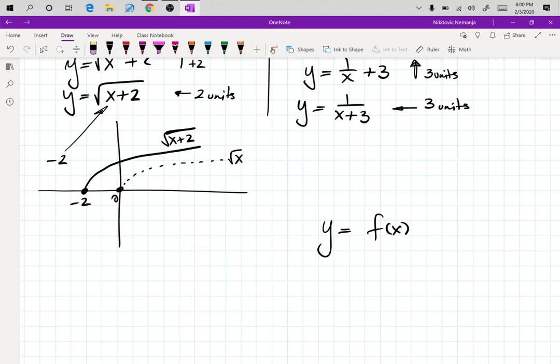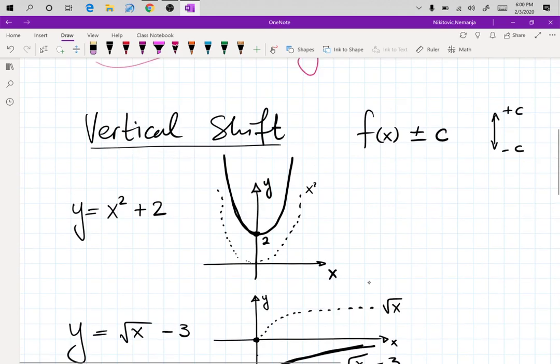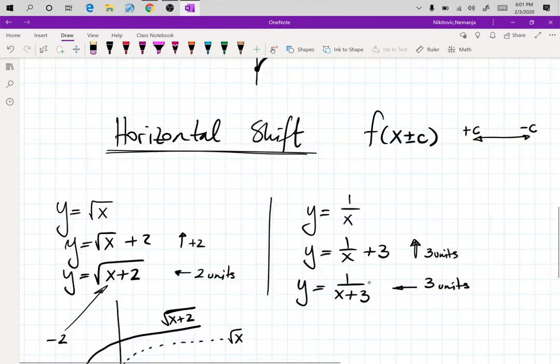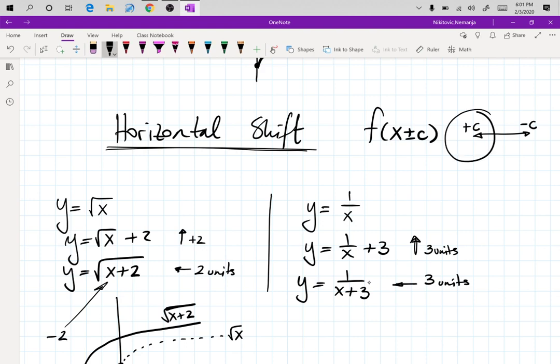In general, students memorize that up and down, so plus c puts me up, minus c puts me down. That's for the vertical. Horizontal shift plus c puts me left, and minus c puts me to the right.